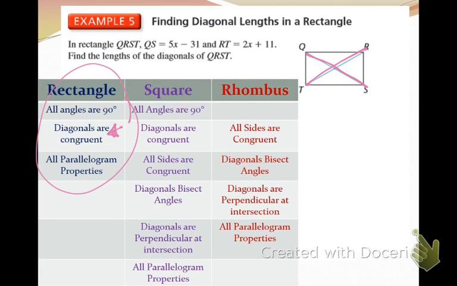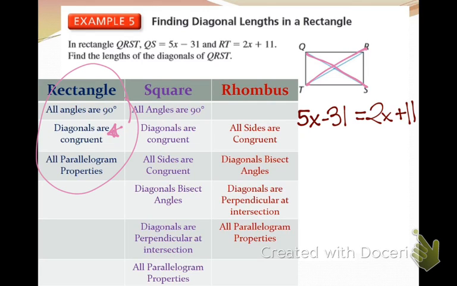So, if you know QS equals 5x minus 31 and RT equals 2x plus 11, what can you do to solve for how long they are? Set them equal to each other. So you do 5x minus 31 equals 2x plus 11.